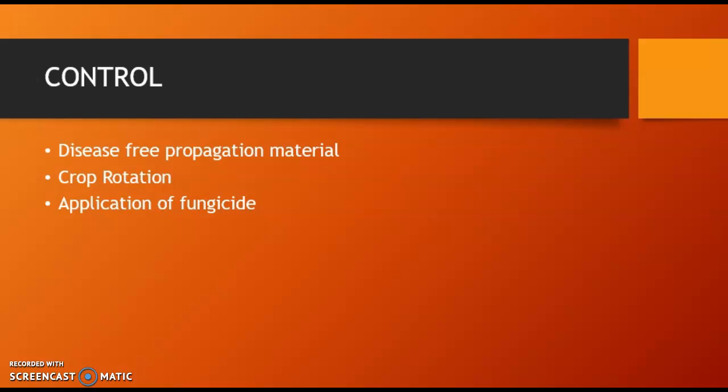Control strategies of downy mildew include using resistant varieties and disease-free material. Secondly, application of crop rotation in the field, and also using effective fungicides.